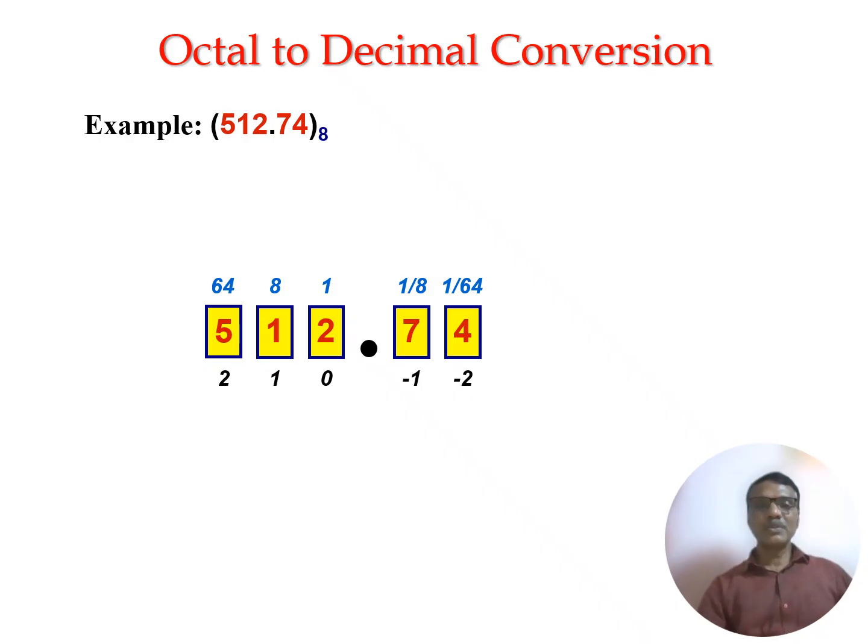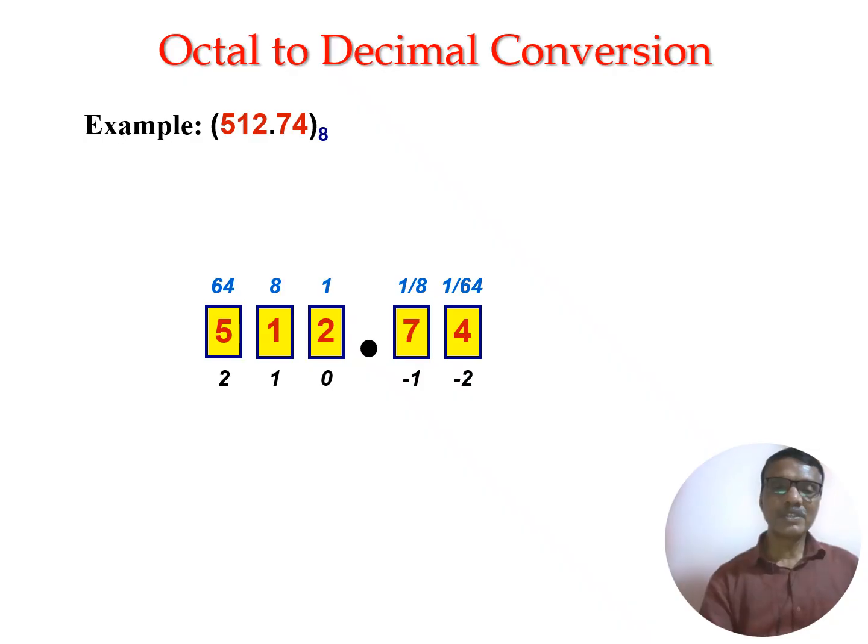Next, octal to decimal conversion. So this is the given example. So first we need to write the given value, and we have to place the position value, that is base and its power position. So the power value is 0, 1, 2, and here the base is 8.